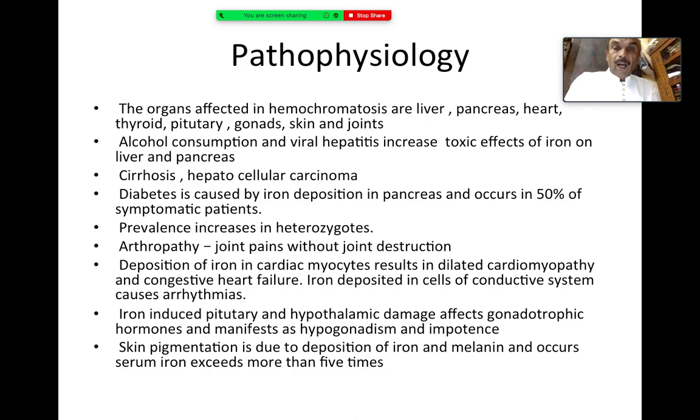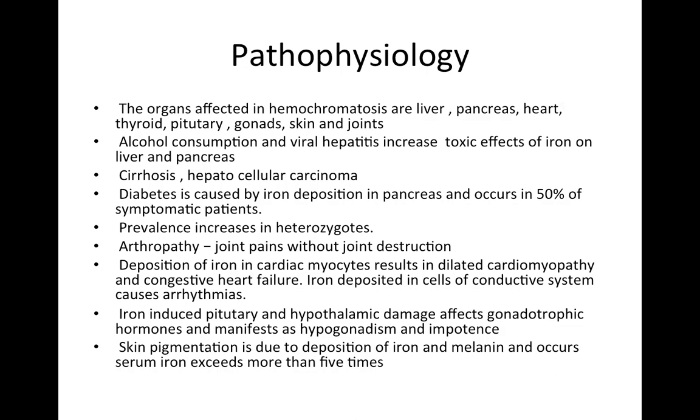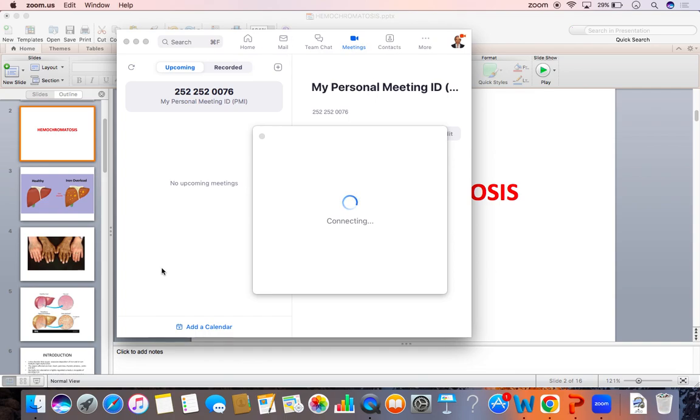That is, alcoholism and viral hepatitis are going to increase the toxic effect of iron on liver and pancreas. This is a very important point that should be kept in mind. And cirrhosis and hepatocellular carcinoma are common.